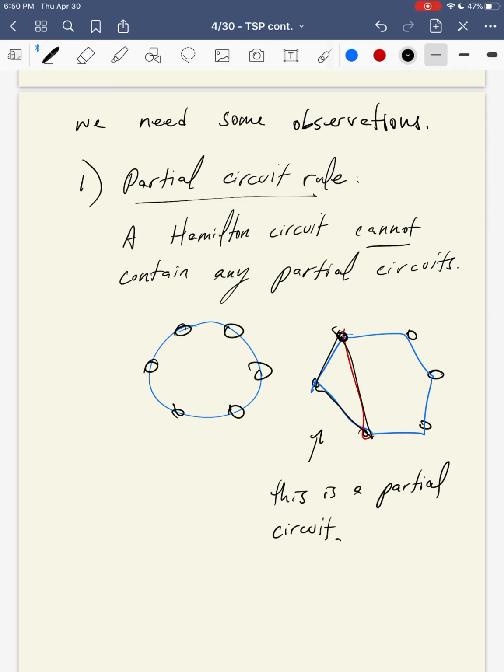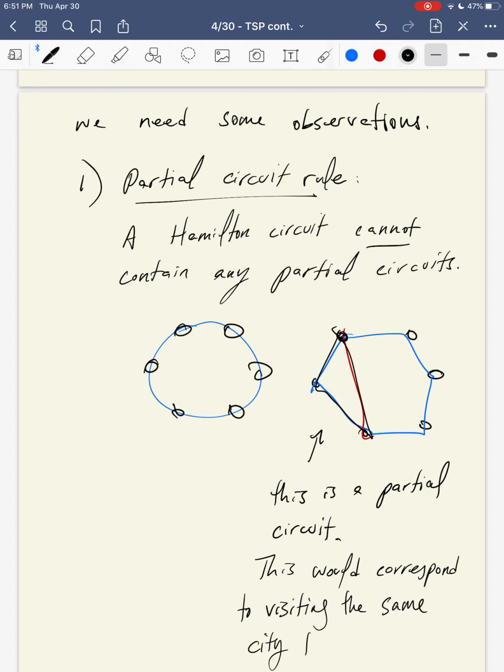If you have 3 edges coming out, you leave that vertex, you go back to it, and you leave again. So this would correspond to visiting the same city twice.